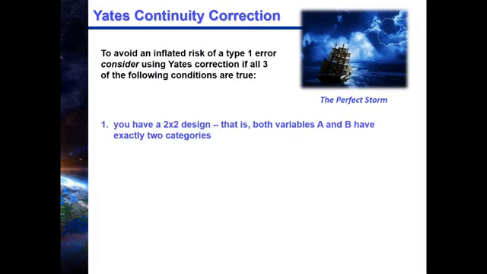So the first thing on the list is that you have a 2x2 design. This means that your first variable has exactly 2 categories, and your second variable has exactly 2 categories. So right away, this tells you you can never use the continuity correction with a goodness of fit test.